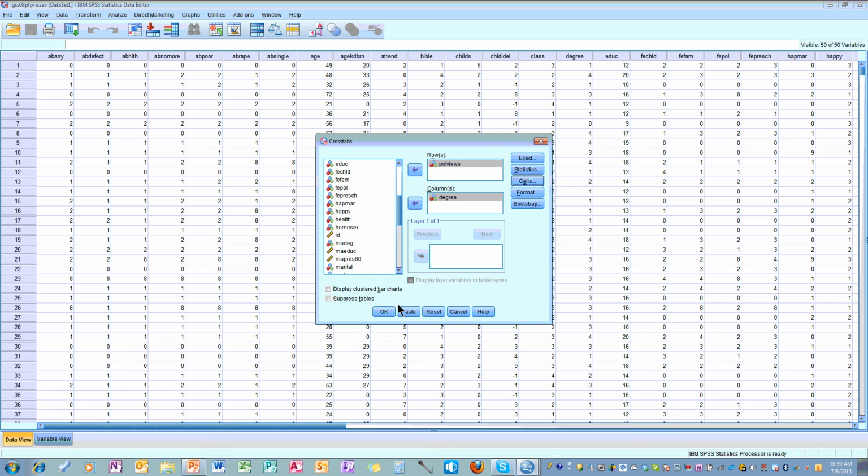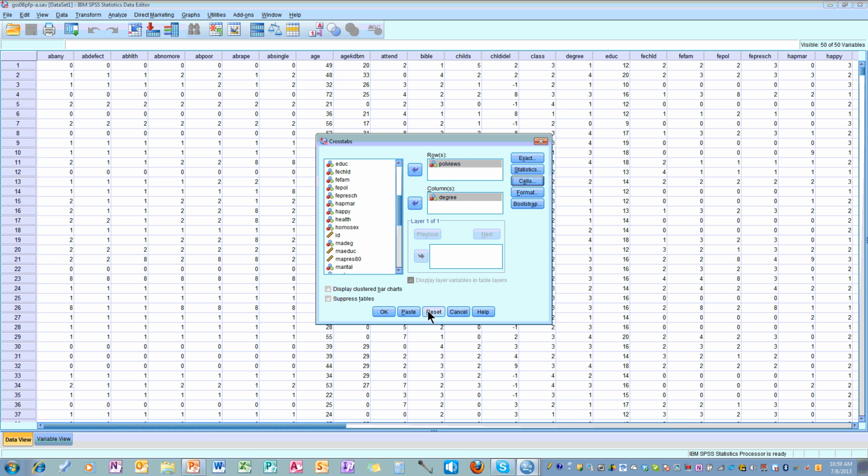And hit continue. Now before hitting OK, we want to get our chi-square statistic, which is the test of statistical significance, the inferential statistic that we use when we're looking at the relationship between categorical variables.